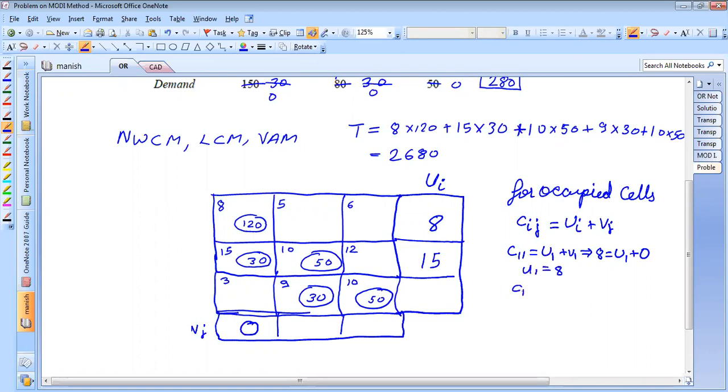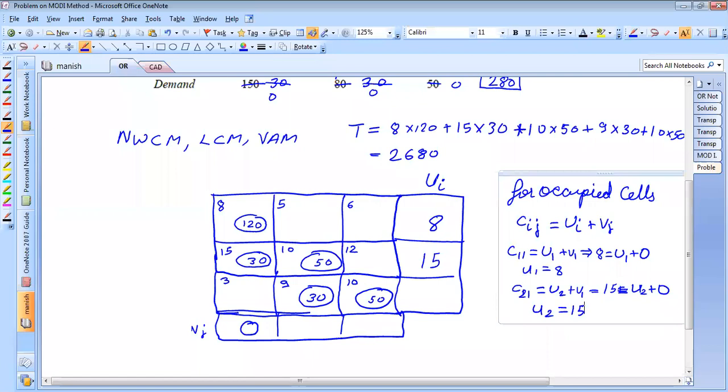Similarly, C21 will be equal to U2 plus V1, implying that 15 is equal to U2 plus 0. That is, U2 is equal to 15. Correct?